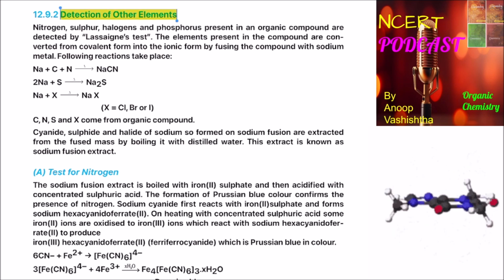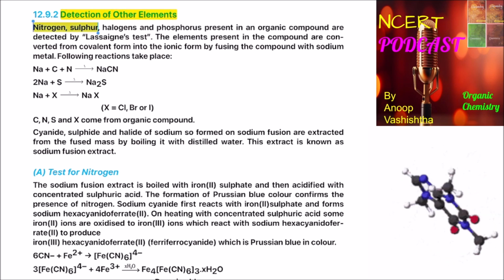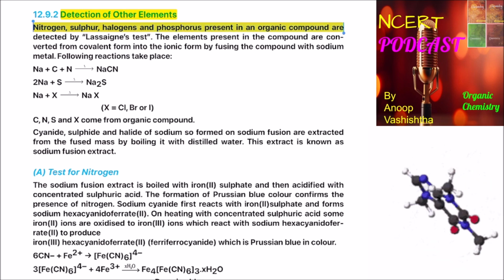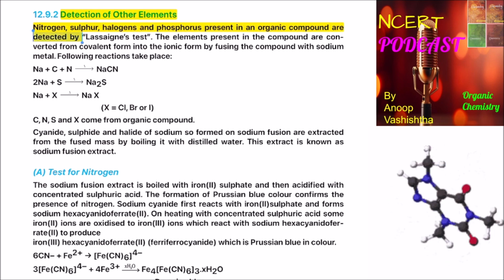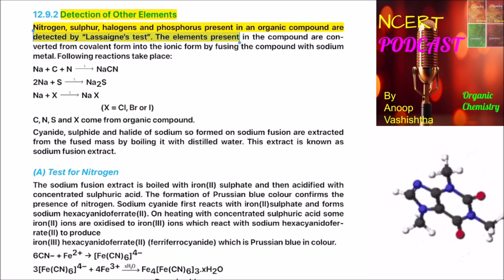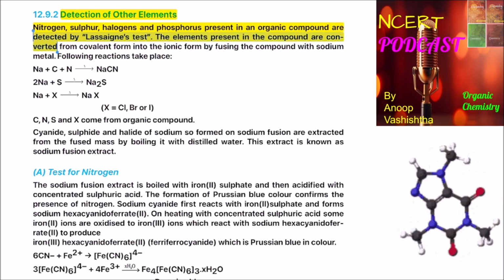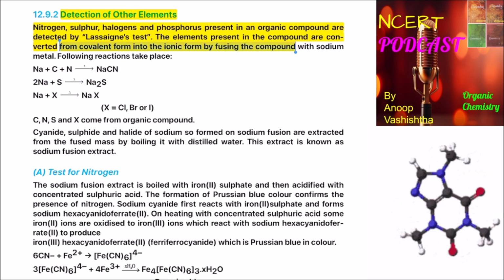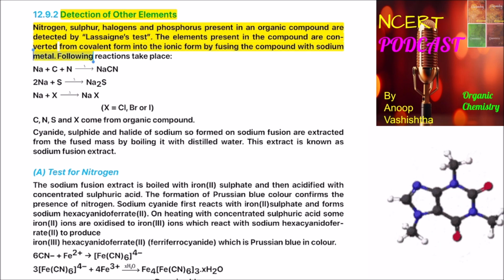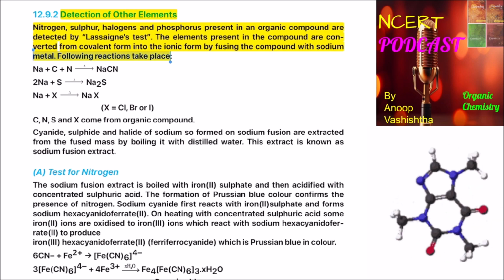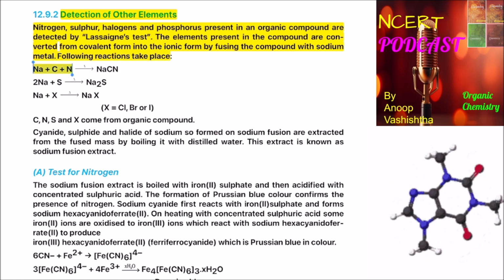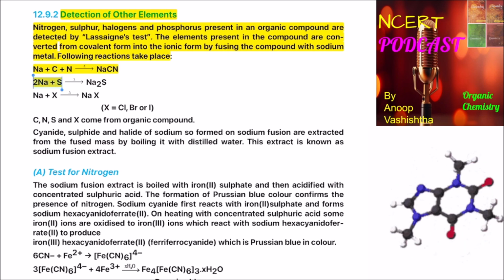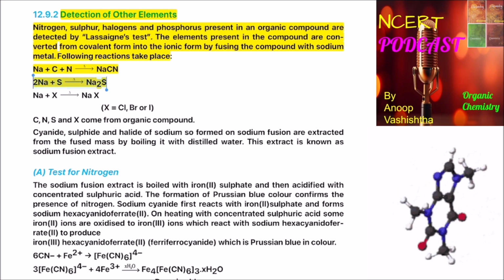Detection of other elements. Nitrogen, sulfur, halogens, and phosphorus present in an organic compound are detected by Lassaigne's test. The elements present in the compound are converted from covalent form into the ionic form by fusing the compound with sodium metal. Following reactions take place. Na + C + N, heat, gives NaCN. 2Na + S, heat, gives Na2S.